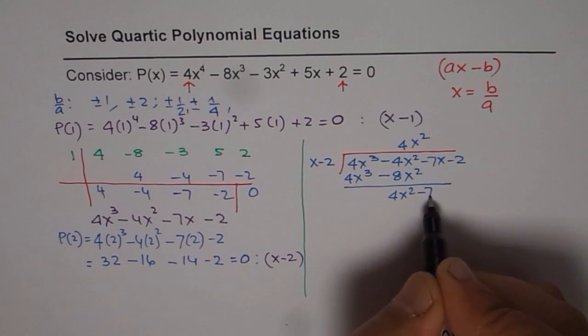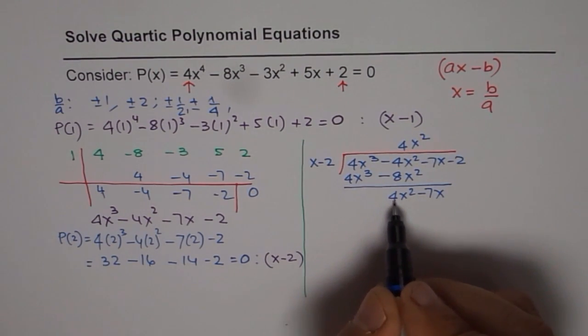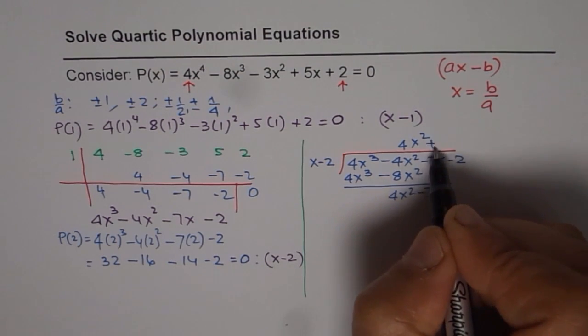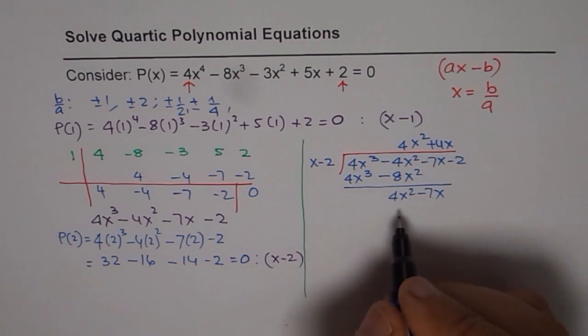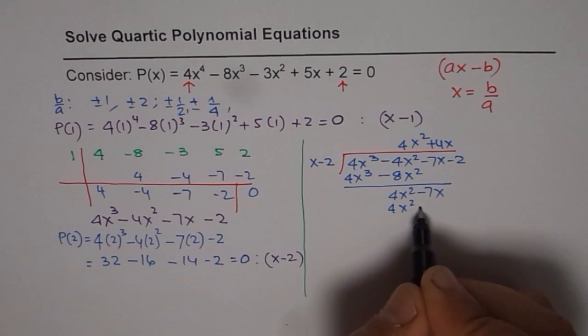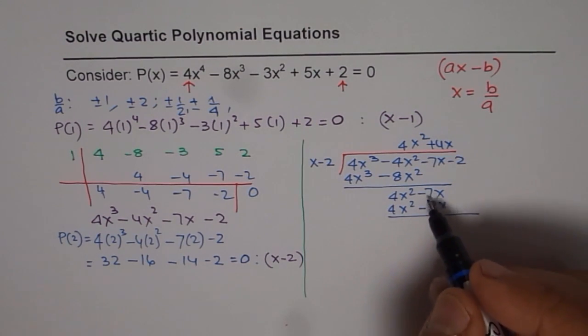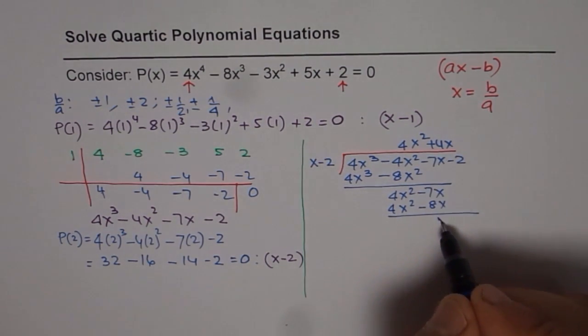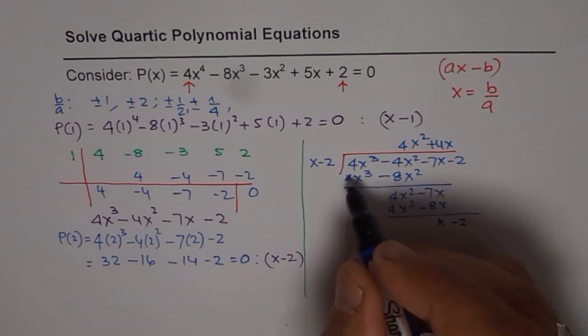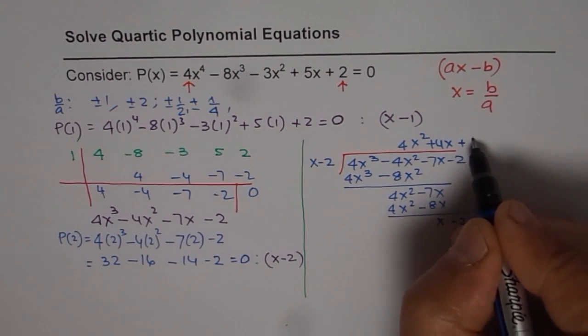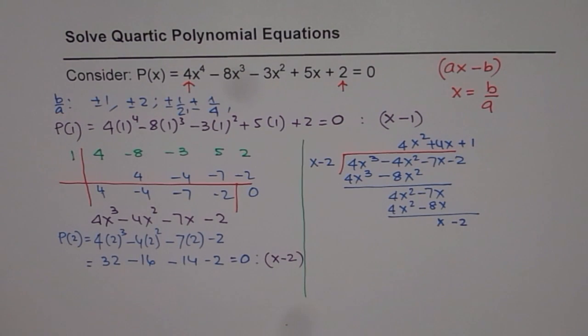Bring down minus 7x. You have to multiply by plus 4x now. So that will give us 4x squared minus 8x. When we take away this, we get x minus 2, which goes 1 times. So plus 1. Perfect. So that is the quadratic factor, and we have another factor here.